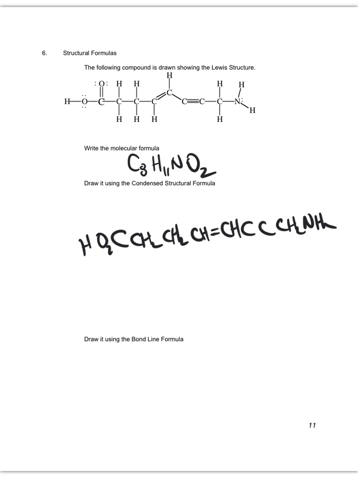It still takes too long to draw it like that, so we're much better off if we draw it where each carbon along the line is just a point. So we have 2 CH2s, and then we have the carbon of the double bond, and then that goes to the carbon of the triple bond, and then the CH2 and the NH2. So we can draw it much quicker with the line angle formula.